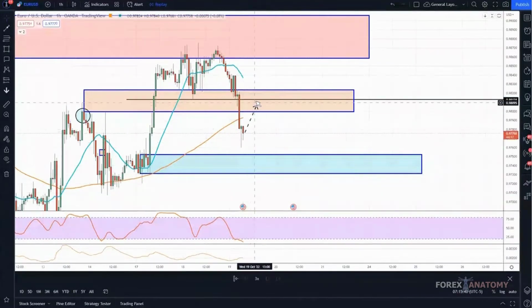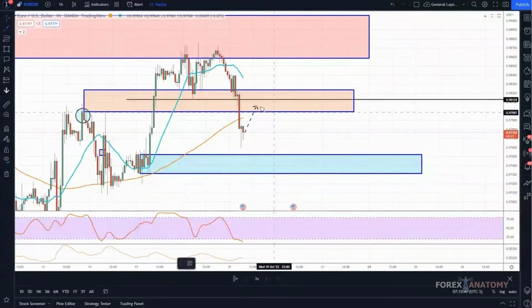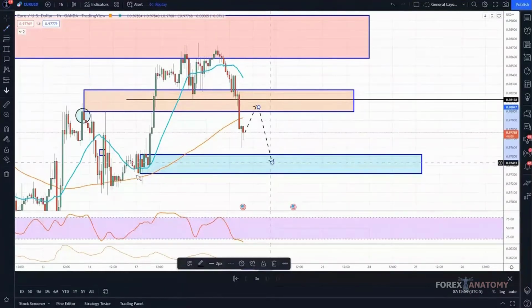We're going to wait for the pullback, and then look for an opportunity to sell to the downside, possibly to this zone of demand right here, because this is where we saw this explosive move to the upside, this displacement or imbalance taking place. Then we'll look for maybe an opportunity to buy when price gets around here. But anyways, we just need to wait for this retracement to take place.